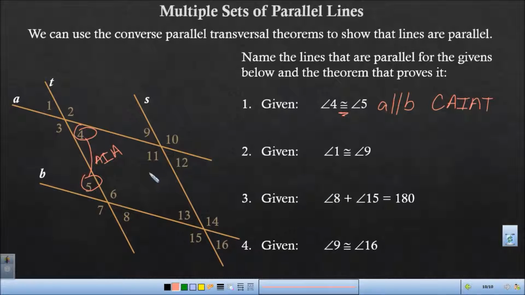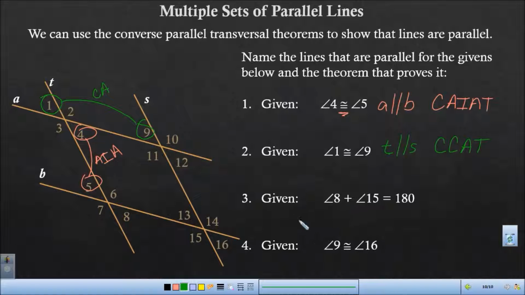All right, now let's look at 1 and 9. So 1 is over here, 9 is over here. These two angles have a relationship. They are corresponding angles. A is their transversal, so T and S are the parallel lines. So T is parallel to S by the converse corresponding angles theorem.